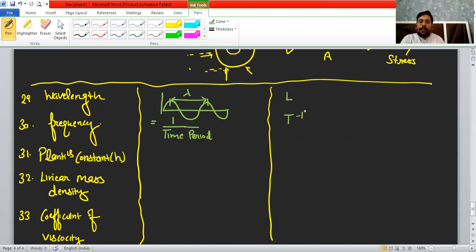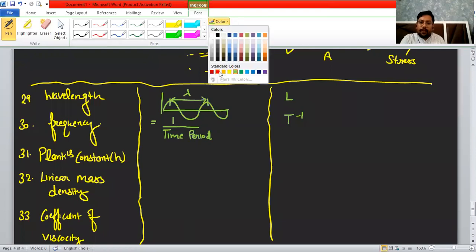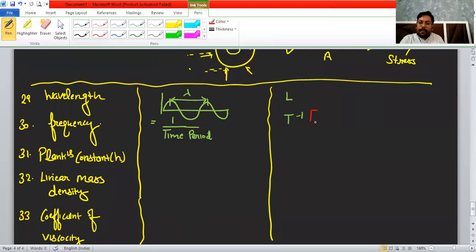Now you can see that angular velocity and frequency have same dimensions. Angular velocity, अभी हमने जो ओमेगा पढ़ा था, एंड फ्रीक्वेंसी, इन दोनों के डायमेंशंस सेम आ रहे हैं हमारे पास, t minus 1 dimensions. After this we have Planck's constant.